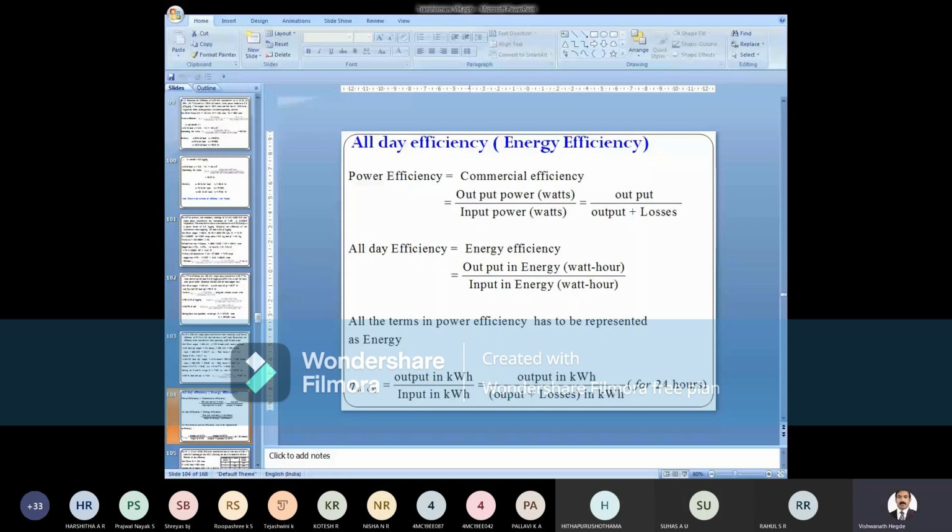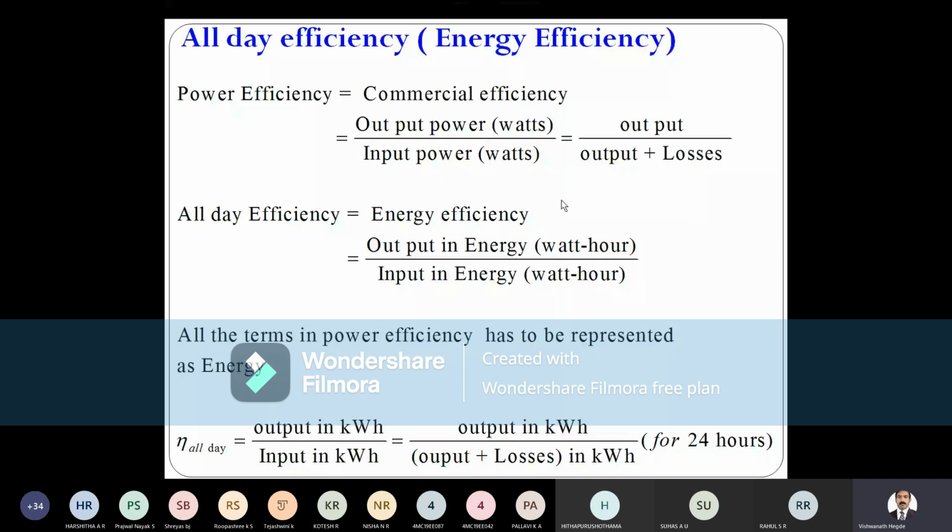In the previous class, energy efficiency. I told you this commercial efficiency will be useful only for the transformers which are having constant load, not for the transformers which are having variable load.